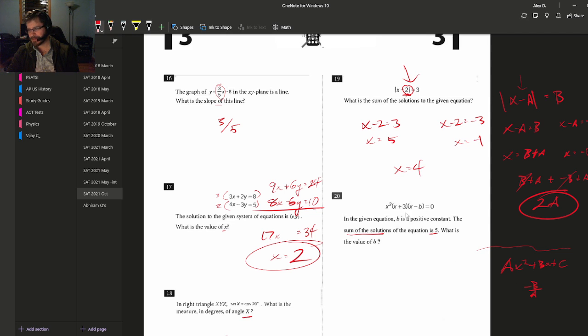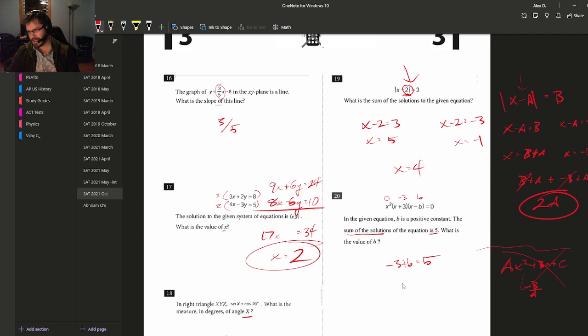Okay, it's actually simpler. We don't actually need to use this to do this question. The solutions to this cubic or fourth degree polynomial are 0, negative 3, and b. The sum of the solutions, 0 plus negative 3, of course, is negative 3. Negative 3 plus b, they just told us, is 5.